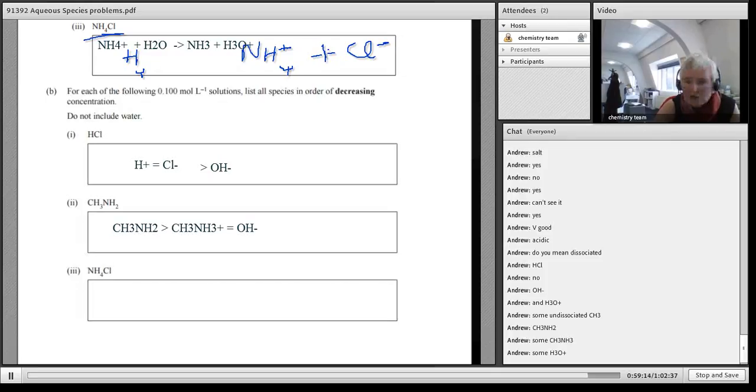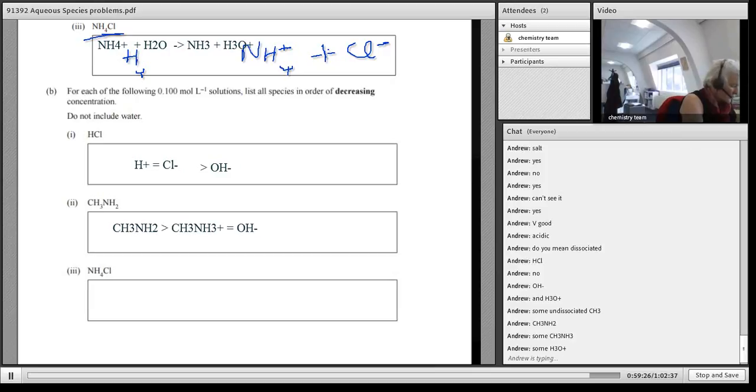Now, just before we finish, do that very last one, NH4Cl, while I quickly do it. So you type in there, and I'm going to type, we'll race and see how much we've got.